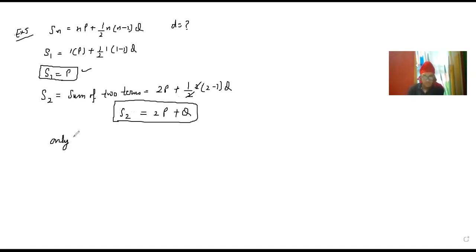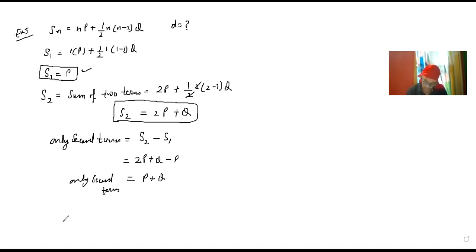The second term is the sum of two terms minus the first term, so the second term is p plus q.